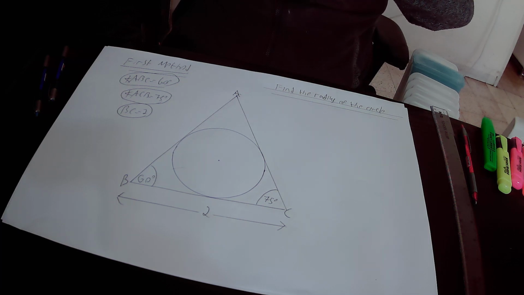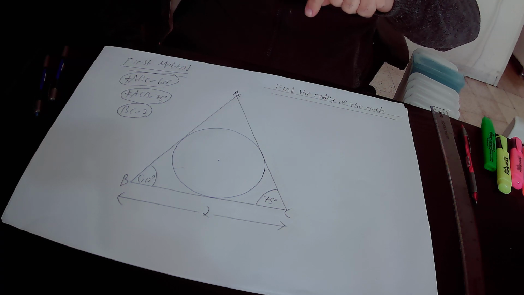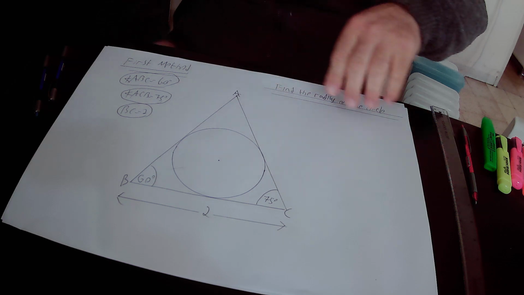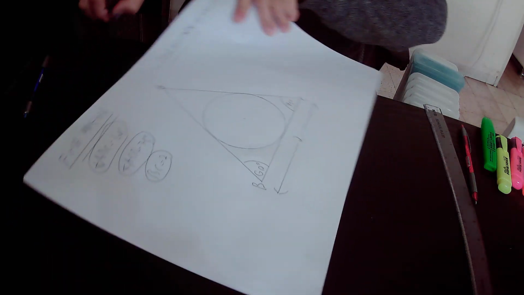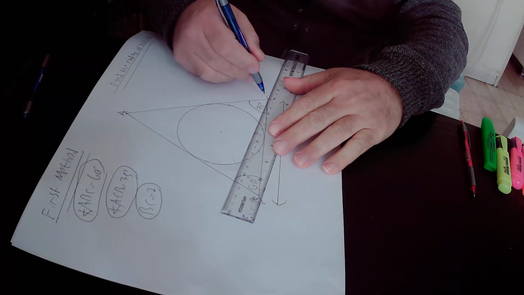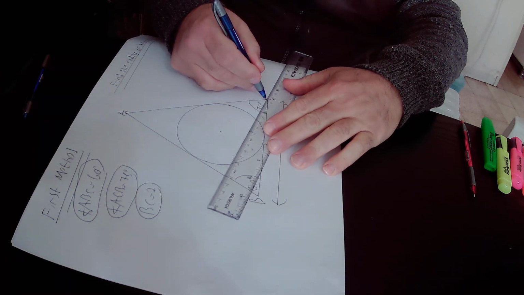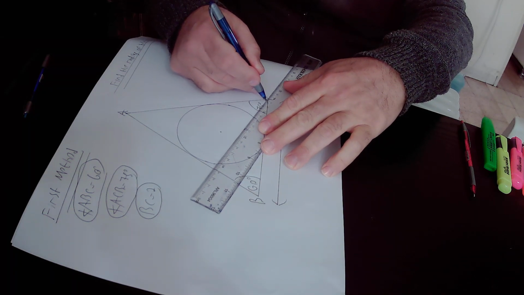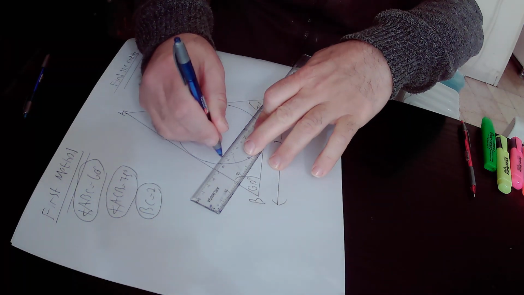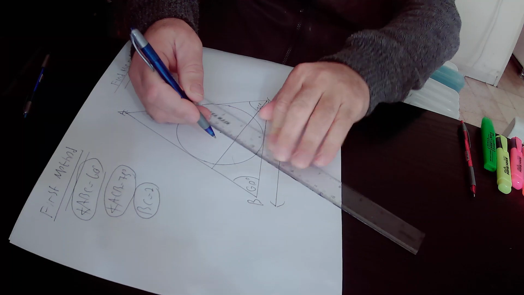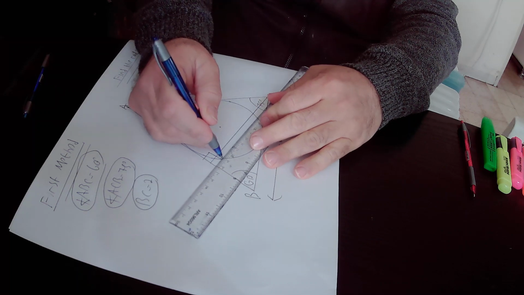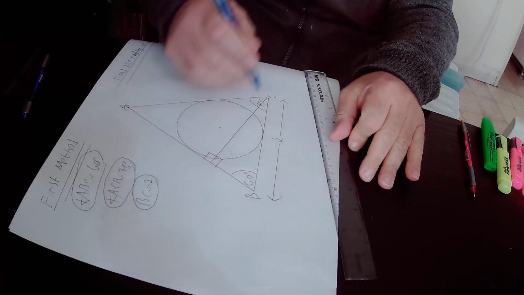So we start with the first method, and we will do here a construction, that is to say from point C, we will draw a perpendicular on AB. So this angle equals 90 degrees, and this angle also equals 90 degrees according to our construction.